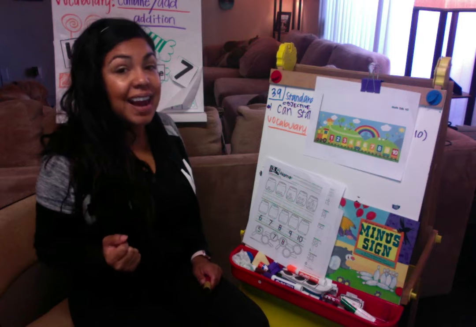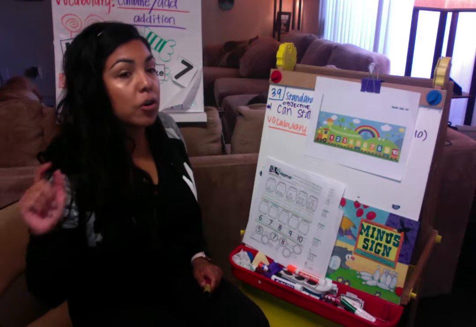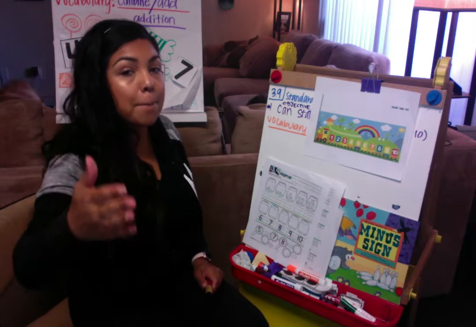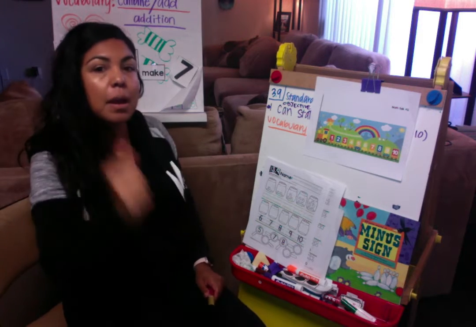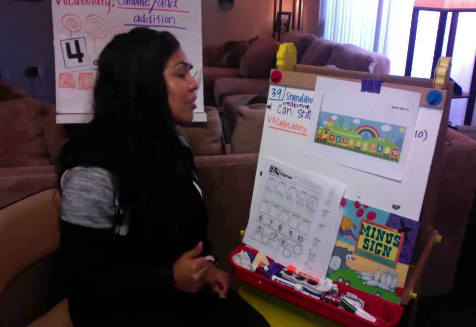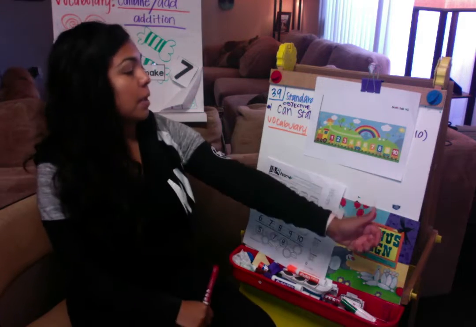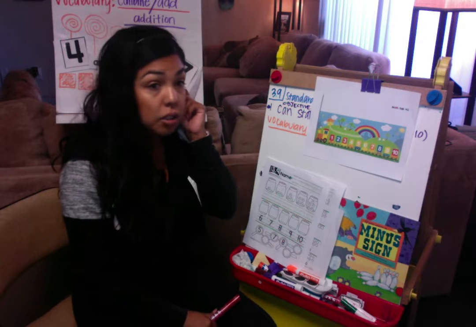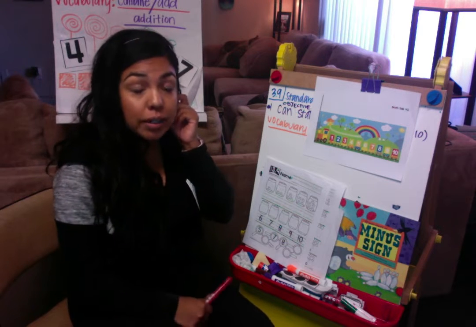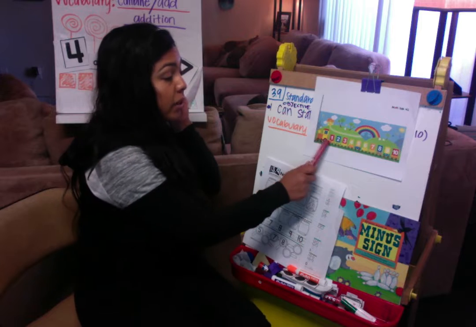Good job. Now, we're going to count them in order, but we're going to do it backwards. Everyone say back, back, back. Good. We're going to do choo-choo train going backwards, but we're going to stay in order. In order means we're not going to jump around from number to number. We're going to go 10 all the way to the number 1.